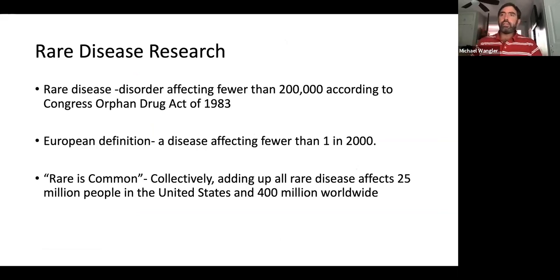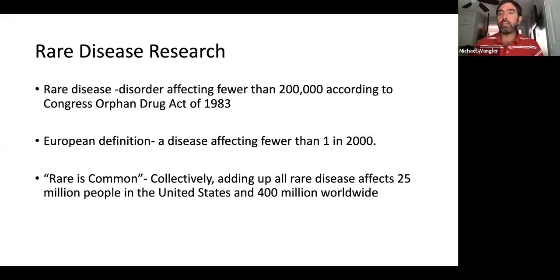So for rare disease, I always like to center myself a little bit and talk about how we define this. According to the Orphan Drug Act, any disease that affects fewer than 200,000 people would be classified as a rare disease.